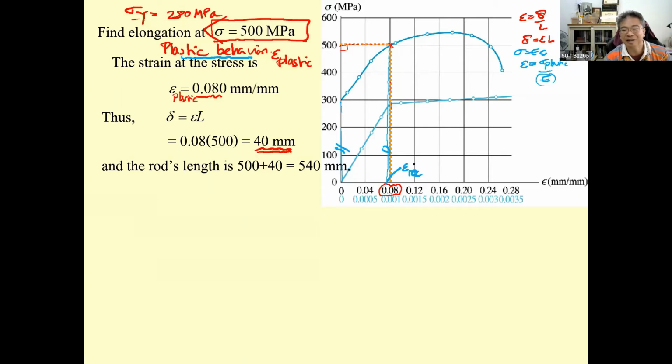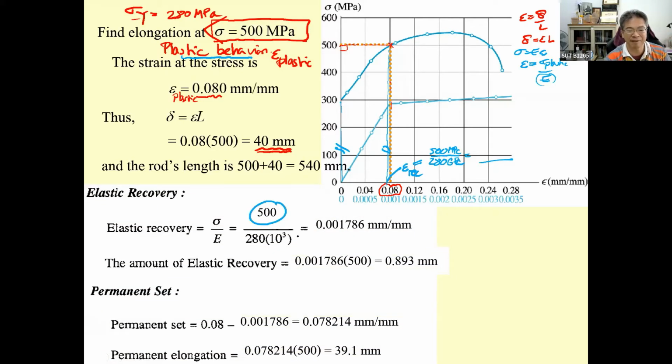So the strain recovery is 500 megapascal divided by 280 gigapascal, that is 500 divided by 280,000. The strain recovery is 0.001786 millimeter by millimeter.